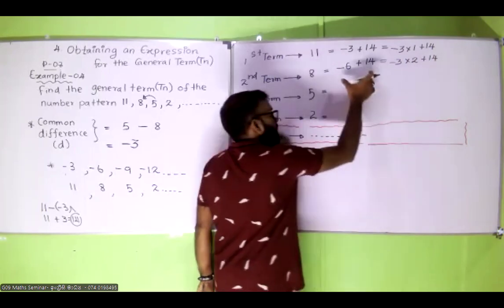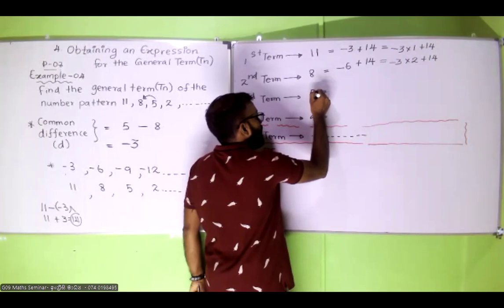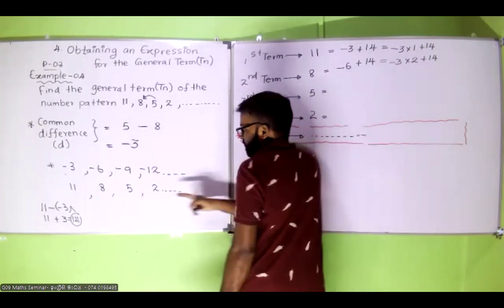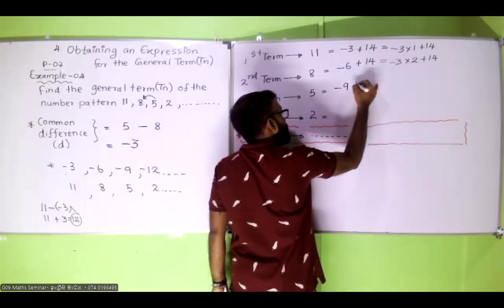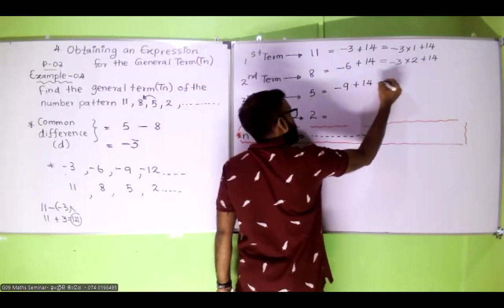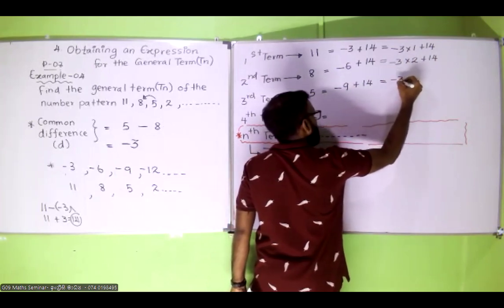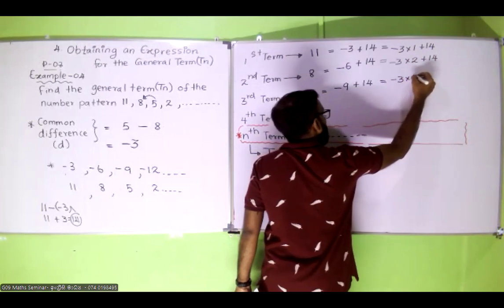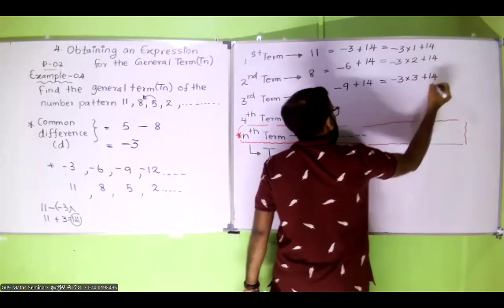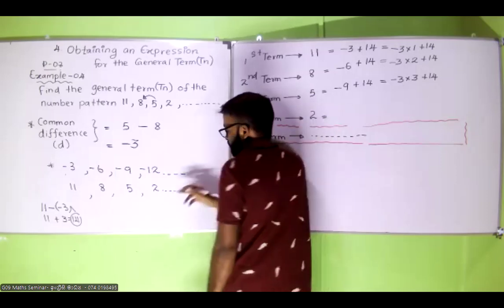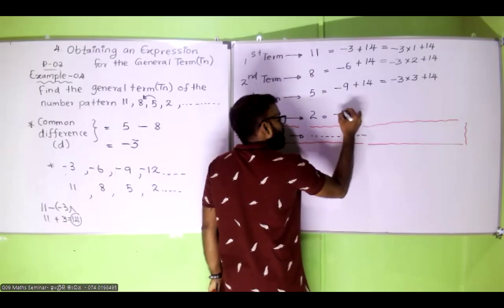Likewise, you can write all of them. Then 5: the corresponding value is minus 9. Minus 9 plus 14 equals 5, and minus 9 can be written as minus 3 times 3, plus 14. For 2, the corresponding value is minus 12.